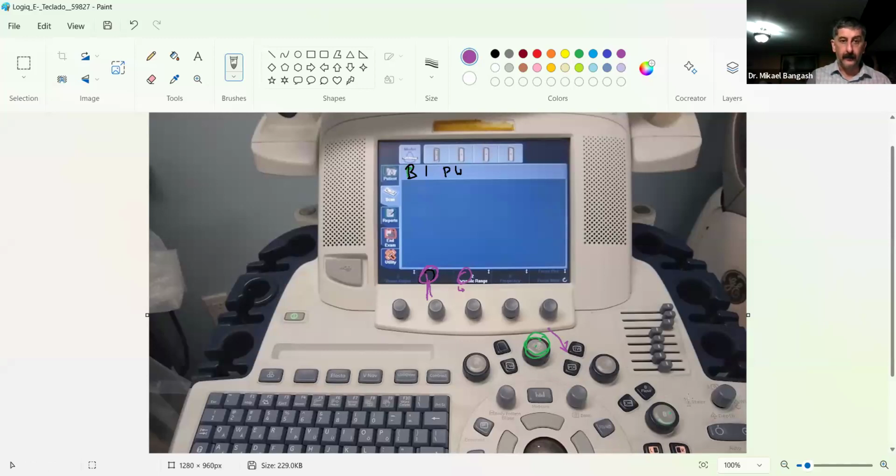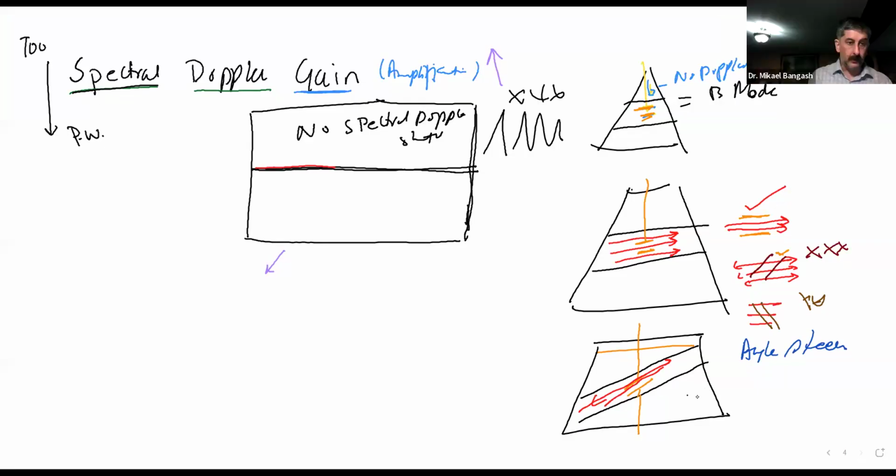Did you guys get that? Yeah. So we can say our pulsed wave Doppler, we turn it on. And now we mainly just increase the gain by turning it clockwise. So what's going to happen?